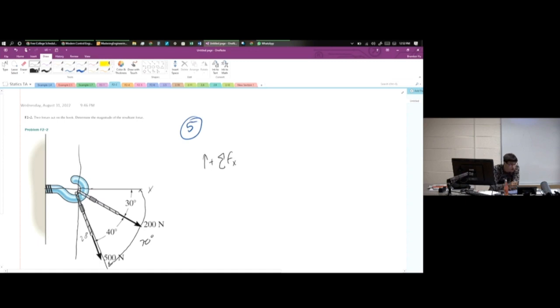You do this similar to the last one, right, where you would sum the forces in the x and y direction, and then you can use a square root to combine it, right?